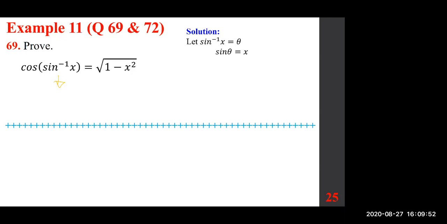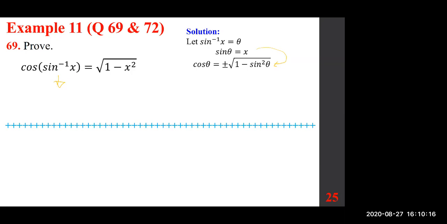Okay. And everybody remember sine squared plus cosine squared is 1. So therefore, cosine is plus minus square root of 1 minus sine squared theta. Again, I'm reminding you of the identity. You replace it with x. And you have plus minus square root of 1 minus x squared.